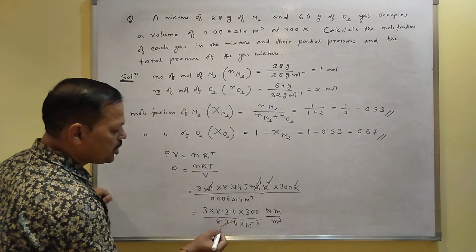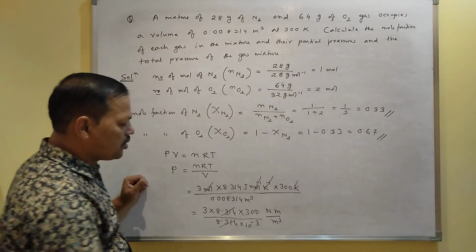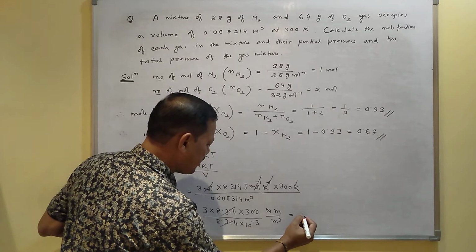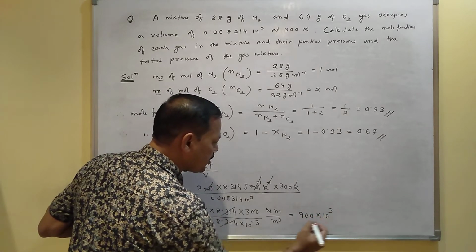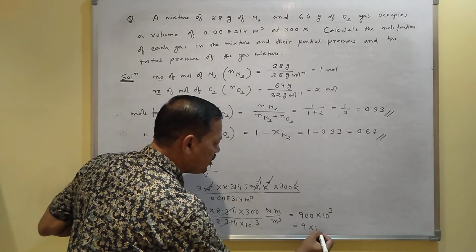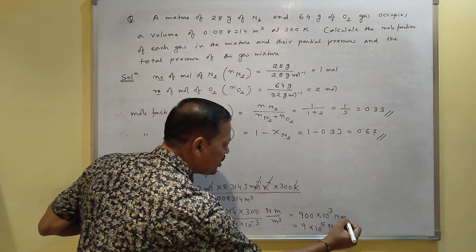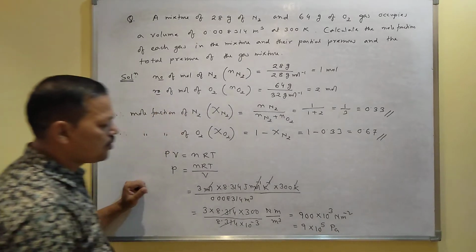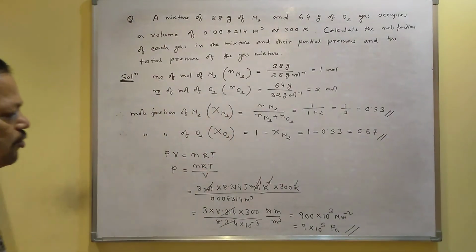So 8.314 cancels. You will get 900 into 10 to the power 3. You can write 9 into 10 to the power 5 Newton per meter square, and Newton per meter square you can write Pascal also, Pa. So this is the total pressure of the gas mixture, 9 into 10 to the power 5 Pascal.